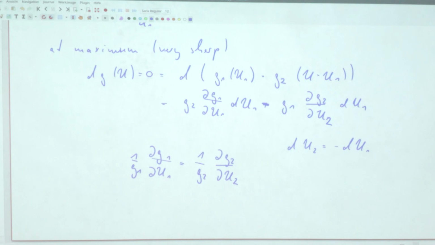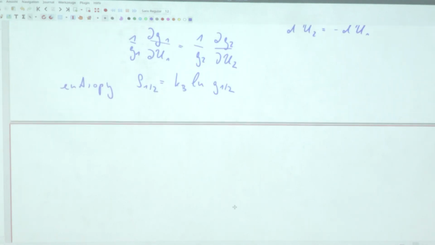And now the entropy S1 or 2 is Boltzmann's constant times ln g1 or 2, now with a plus sign because it's a number of possibilities. Yeah? It's a bit confusing, these minus or plus signs. And you see this we can rewrite.